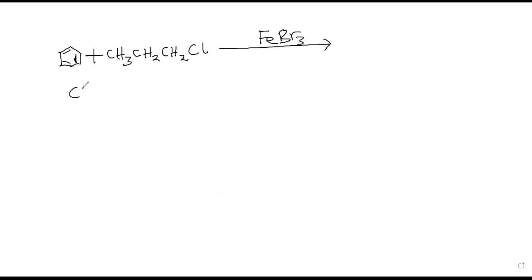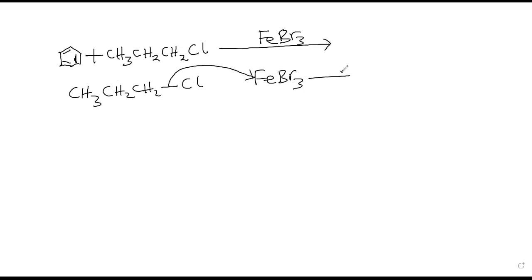First, bring CH3, CH2, CH2, Cl, iron 3 bromide. We shall first have this to form CH3, CH2, CH2 plus, then plus aluminium. No. Since here we are having the iron, it will be plus iron, Br3, Cl minus.